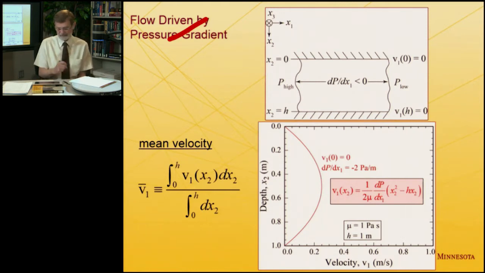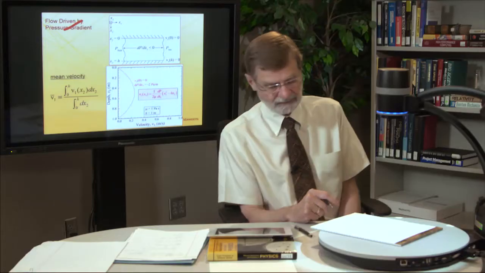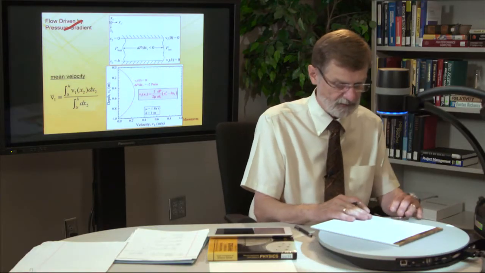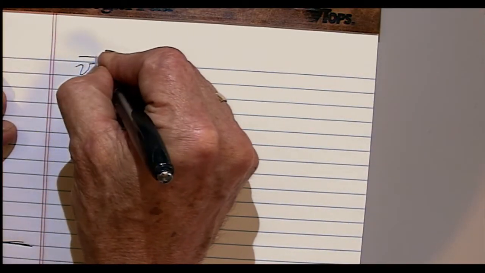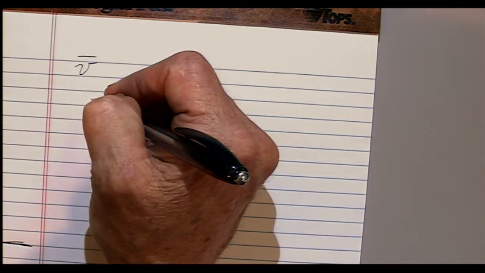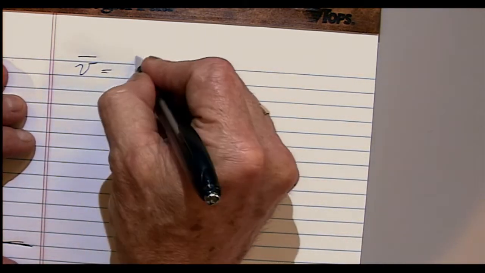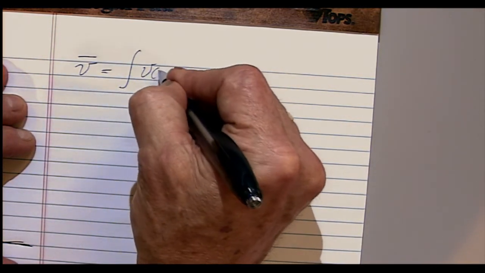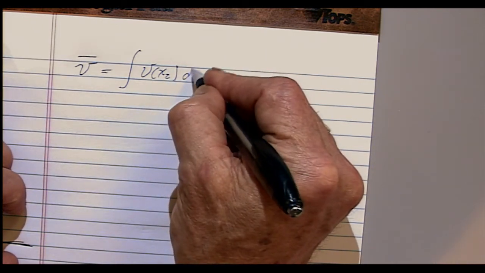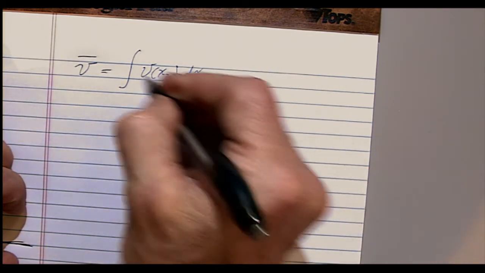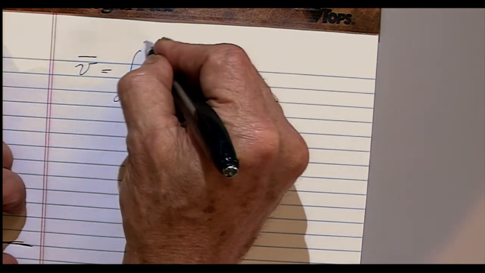So we're going to switch over to the whiteboard, and we're going to try to calculate the mean velocity. So we want the mean velocity, and from that, we'll calculate the discharge. And we said the mean velocity is just the integral of the velocity as a function of vertical position, x2. We want to integrate that, dx2, from 0 to h.